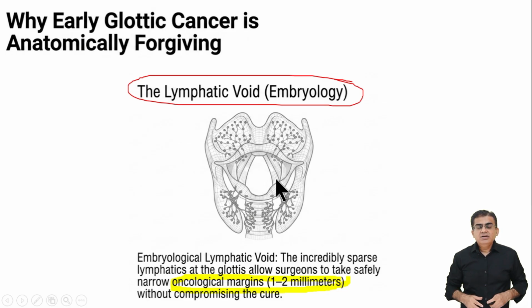This lack of lymphatic drainage makes early glottic cancer very forgiving for the surgeon. This is the exact reason why we can safely take very narrow surgical margins. We can achieve a complete oncological cure while saving maximum healthy tissue.